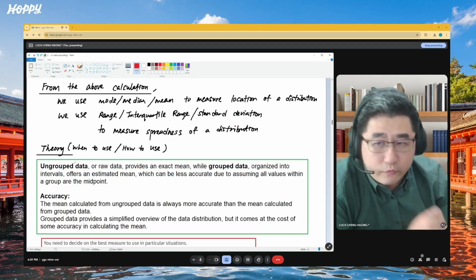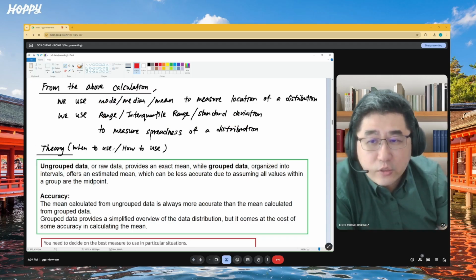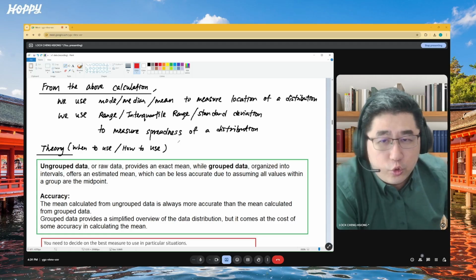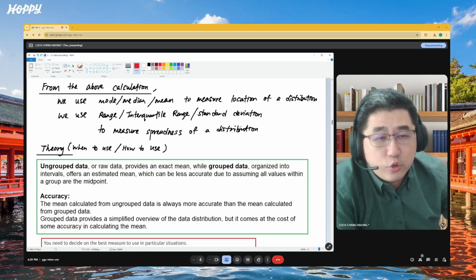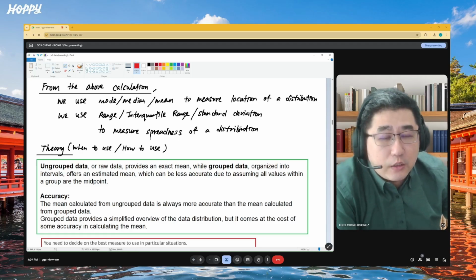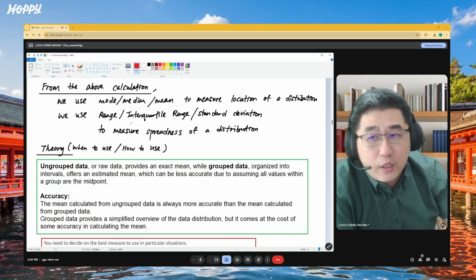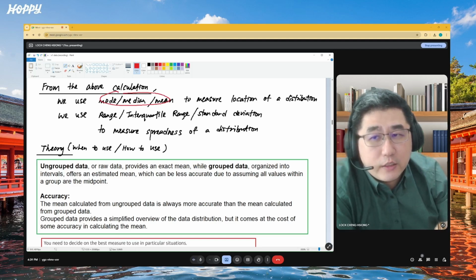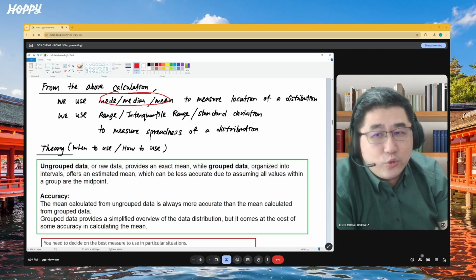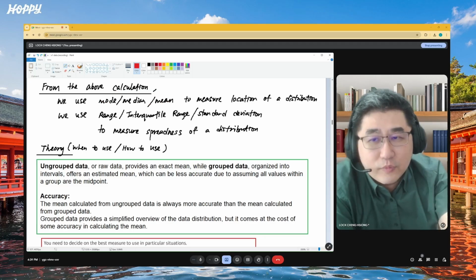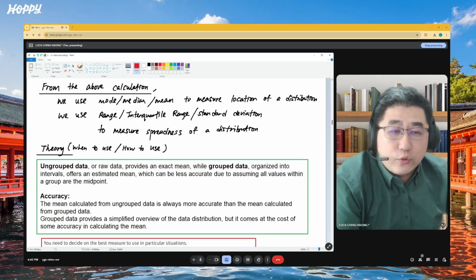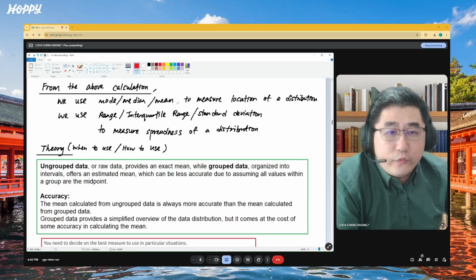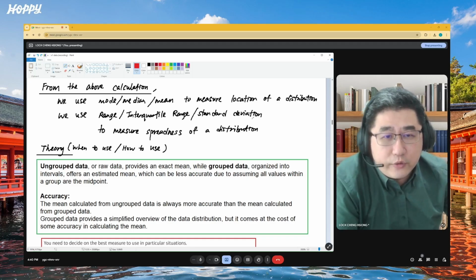There will be theory involved, which talks about when to use which and how to use it. During the exam, a question may appear where we calculated the mode, median, and mean, and ask which one is best to describe this data. You need to know how to write out the answer with the reason.